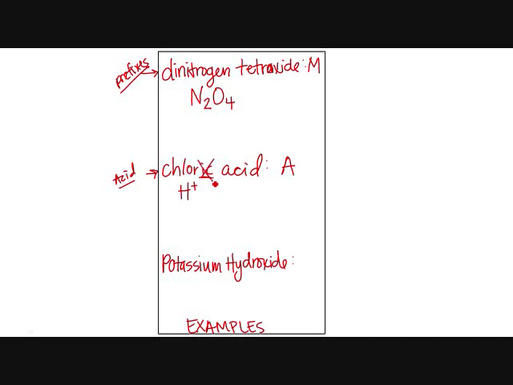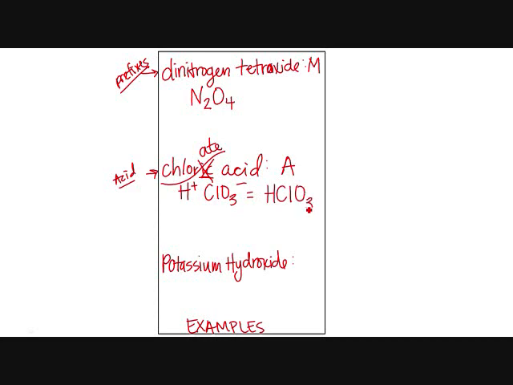So if we take off the chloric, ic with no hydro in front is the ate. So we really need chlorate. And on your polyatomic ion list, that's a chlorate polyatomic ion, ClO3 -1. So now the charges are equal to 0, so that formula will be HClO3 for chloric acid.